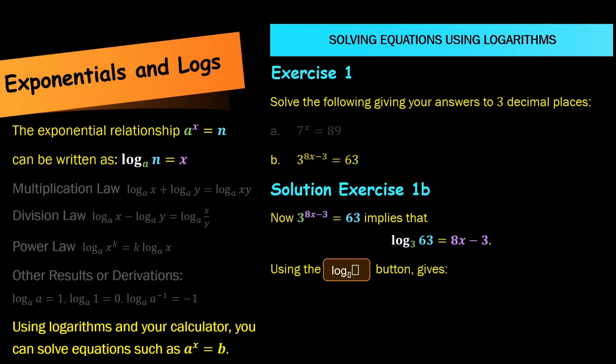Again, using the log button, we'll give 8x minus 3 equals 3.771. We can check that 3 to the power 3.771 is approximately 63 on our calculator.